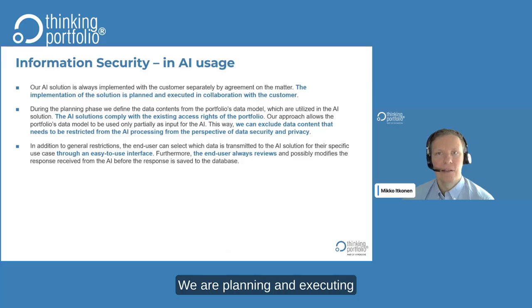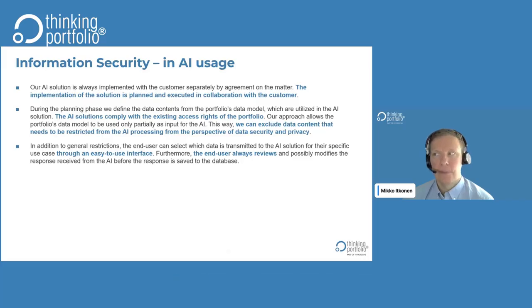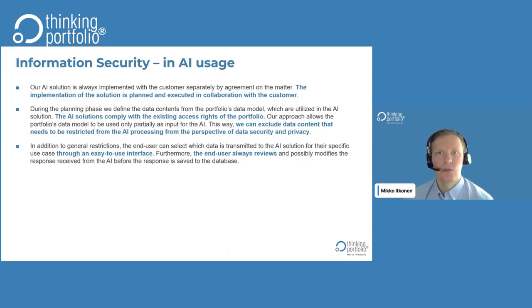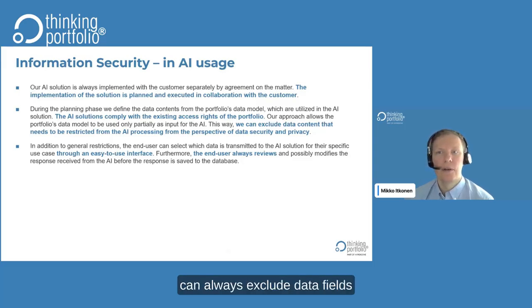We are planning and executing everything together. And in this planning phase, the customer can decide which data or data fields will be used when interacting with AI. On the other hand, the end user can always exclude data fields when interacting with AI.